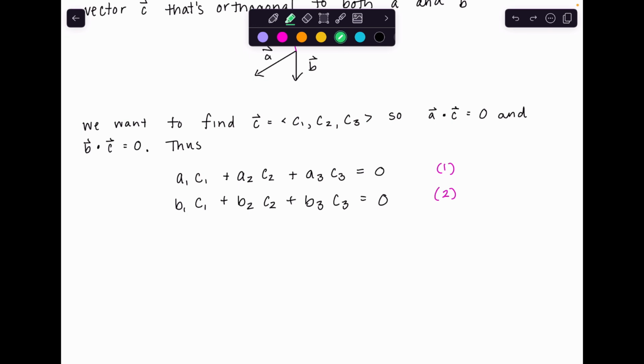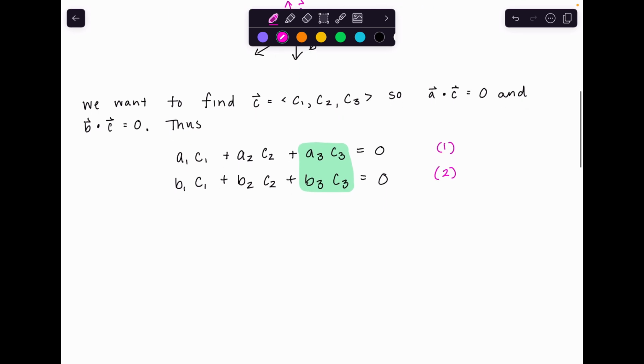So what I'm going to do instead is try to reduce this to a simpler system. I'm going to eliminate the C3 component. To eliminate C3, which is unknown, we need to have the same term in front of each of these, but with opposite signs.